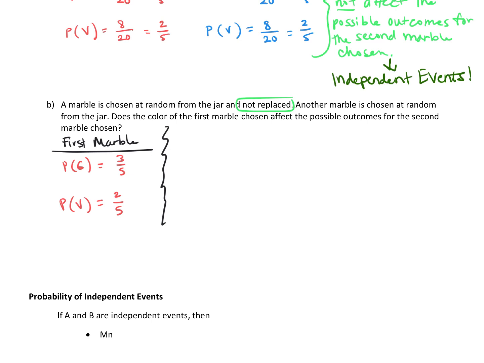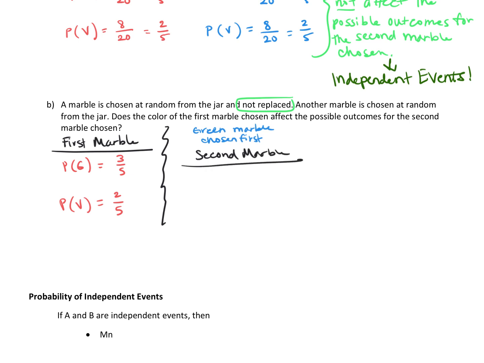Now, the outcomes for the second marble chosen, well, let's just say that the first marble chosen was green. So if the green marble was chosen first, then what are outcomes for choosing that second marble?